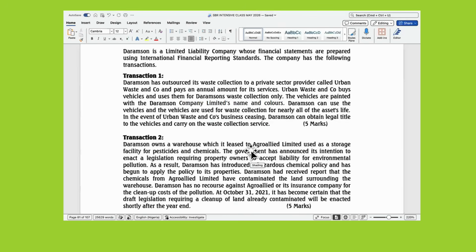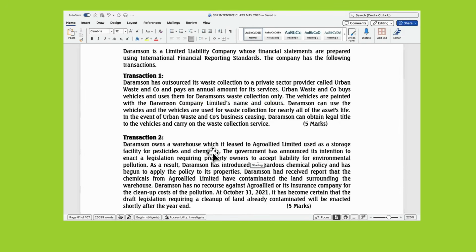So how will Daramsin account for such liabilities? So what's happening here is that we have a warehouse that we gave to Agro-Allied as a storage facility. So the guy used to store pesticides and chemicals. The government has announced its intention to enact a legislation that all property owners will accept liability for environmental pollution.